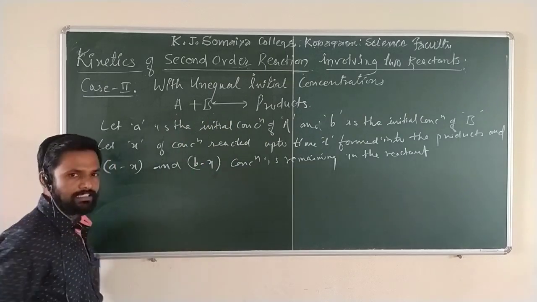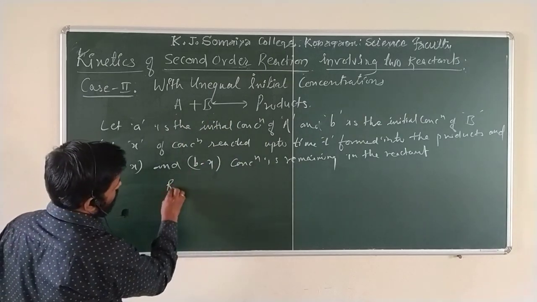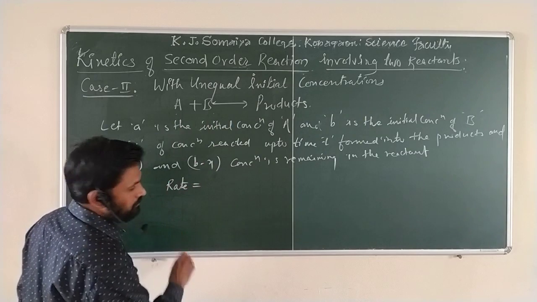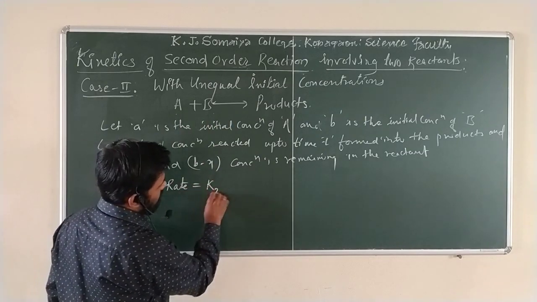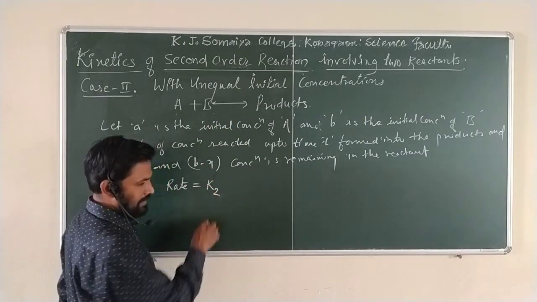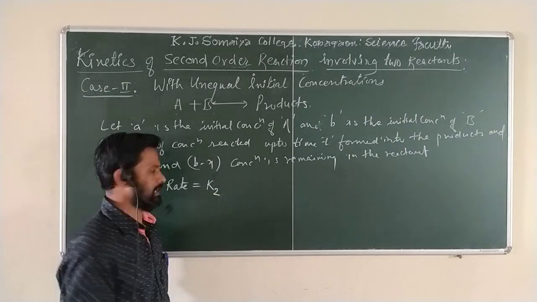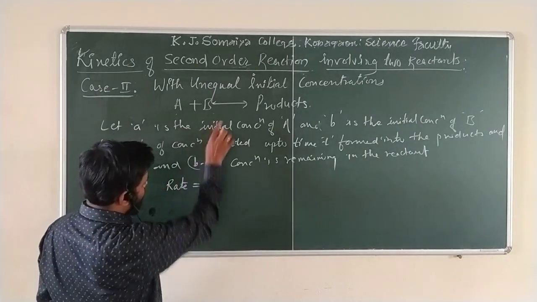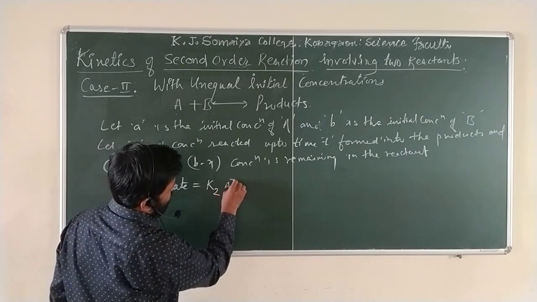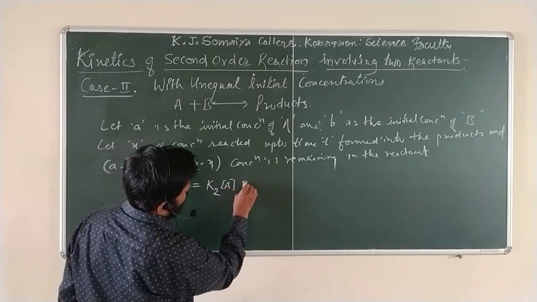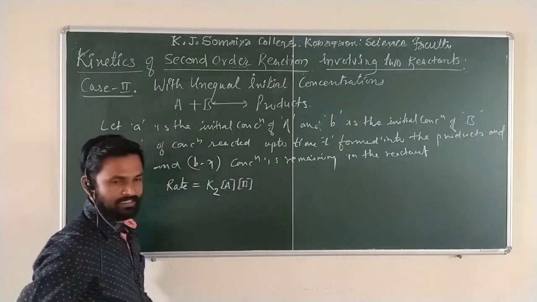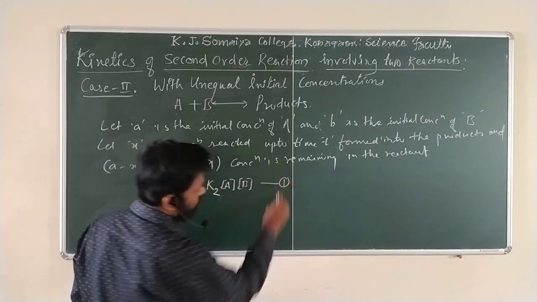Now let us consider the rate can be written. Rate equals, according to the rate law, the constant k2, I am writing the 2 because it is for a second order reaction. According to this equation, rate equals k2 times concentration of A times concentration of B, say as equation number 1.